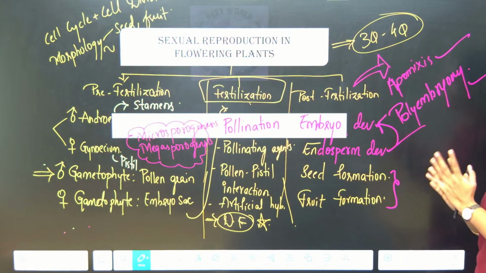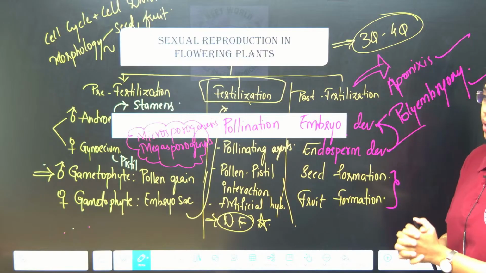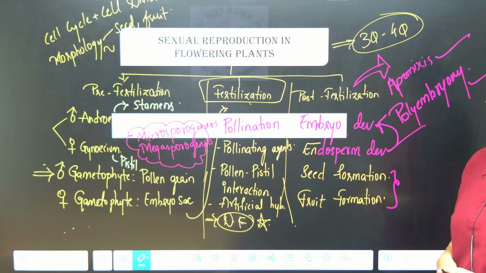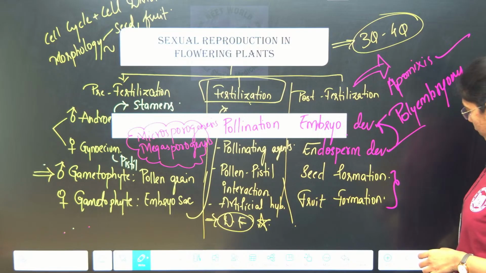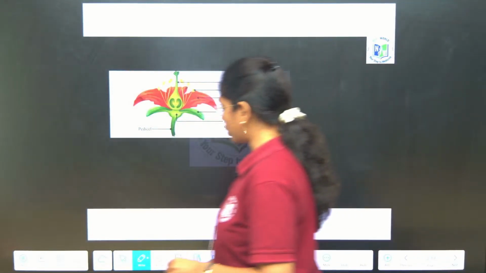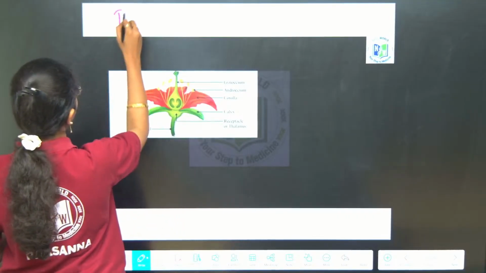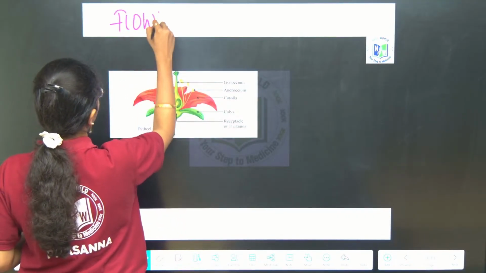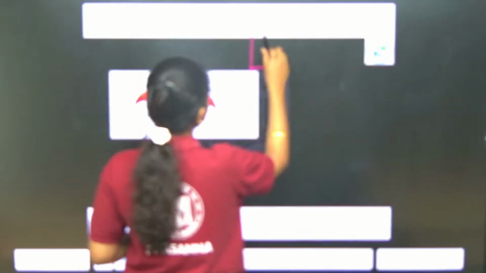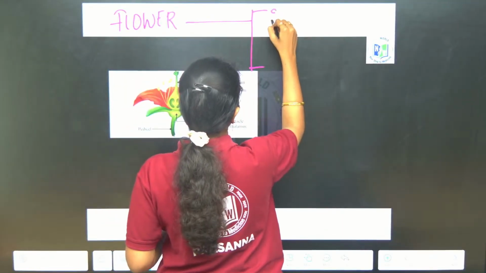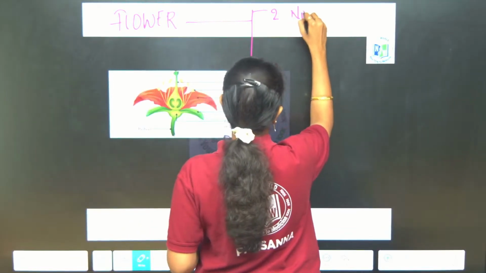Once it is done, then we will move on to the flower and the introductory part, how a flower is formed. Let us go to it, ma? Yes, done. So, see here first, what is the reproductive organ of the angiosperm? Flower. We know flower has how many whorls? 4 whorls, of which 2 are essential and 2 are non-essential.